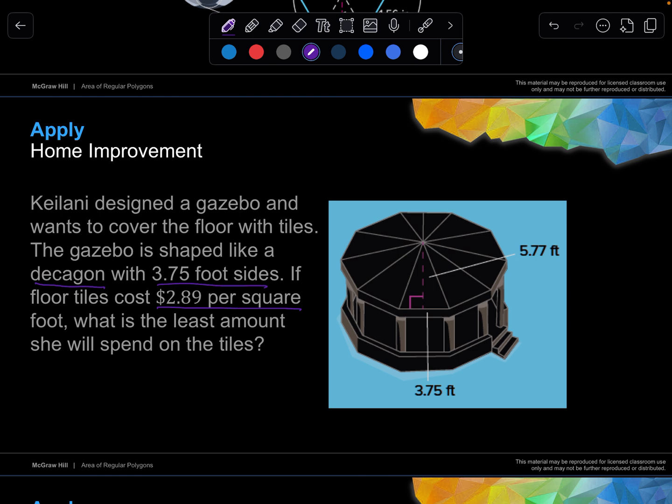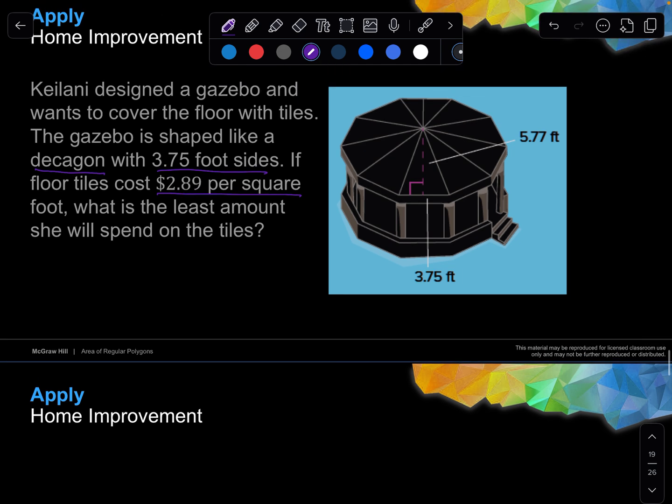Now the least amount assumes that with just the minimum amount of tiles you're able to completely fit in. You don't need extras to cut and make those smaller pieces. Whatever you have with the minimum, you'll be able to make all the different size smaller pieces that you will need to cover this, right?